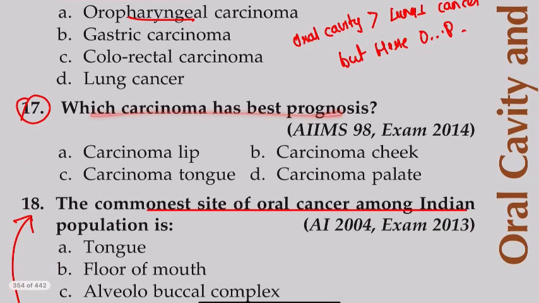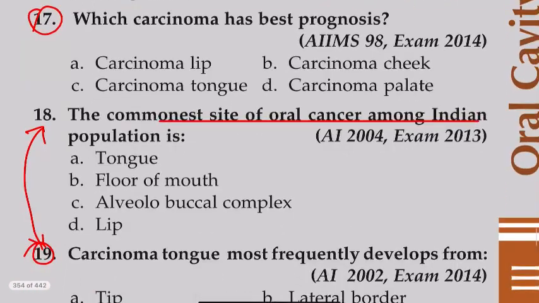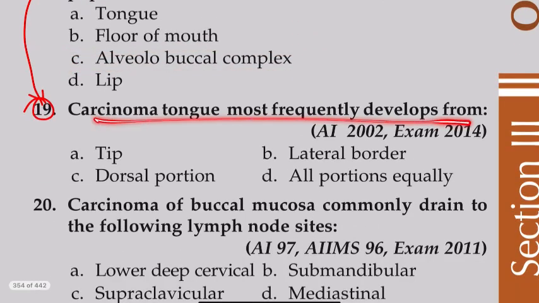Which carcinoma has the best prognosis? Carcinoma of the lip has the best prognosis. The commonest site of oral cancer among the Indian population, what is the most common site? It is the alveobuccal complex. The carcinoma tongue most frequently develops from where?